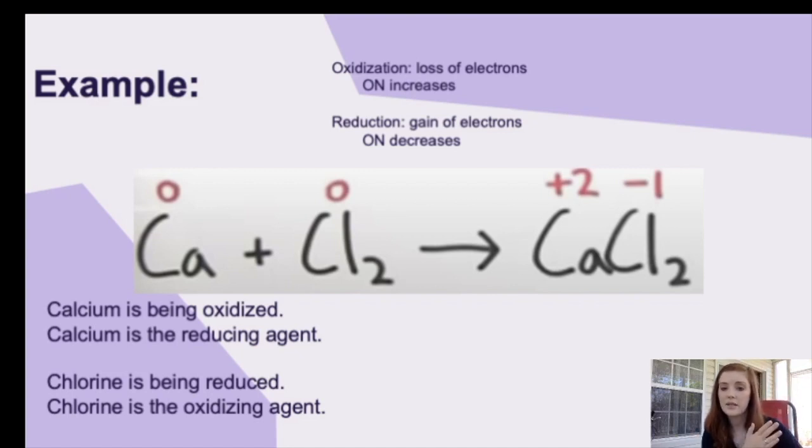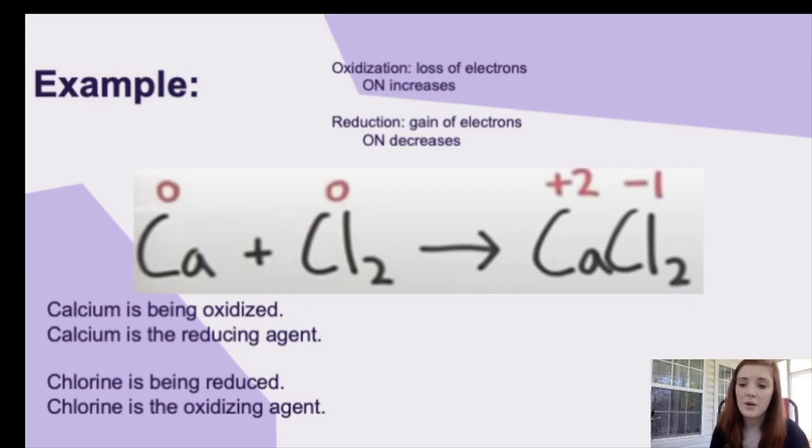So we can tell from the left side of the arrow, we start off with an oxidation number of 0. From the right side of the arrow, now we have an oxidation number for chlorine, which is -1. So when we see a reduction of the numbers, remember 0 is here, -1 is going to be less in value than 0.